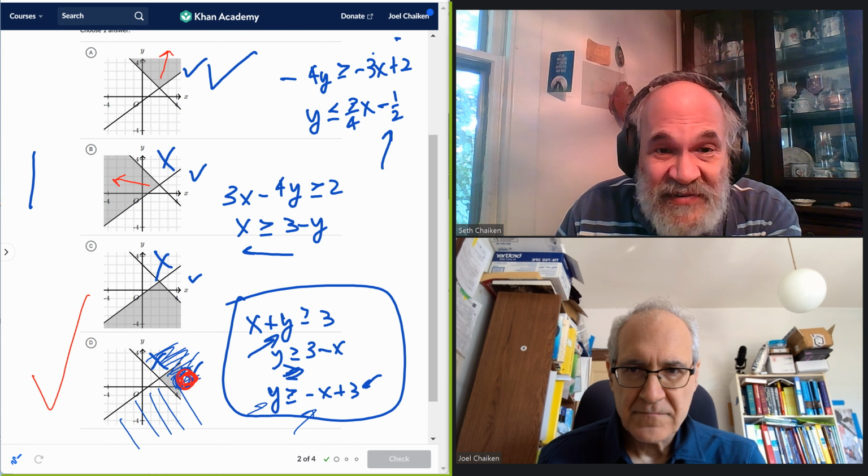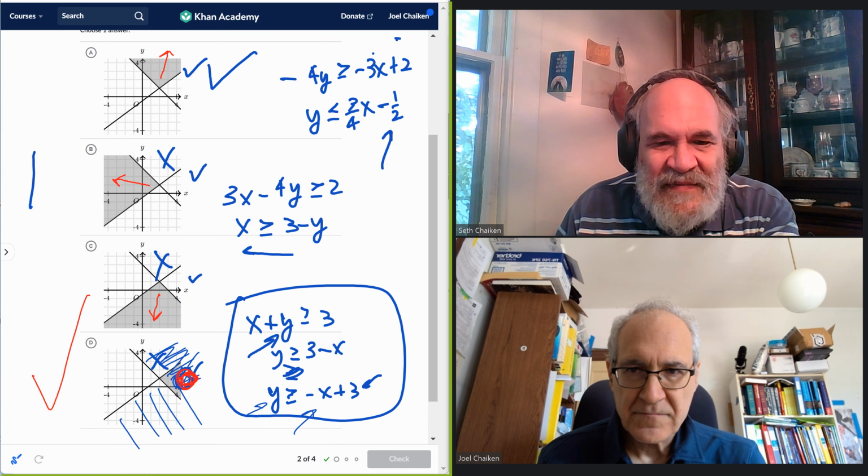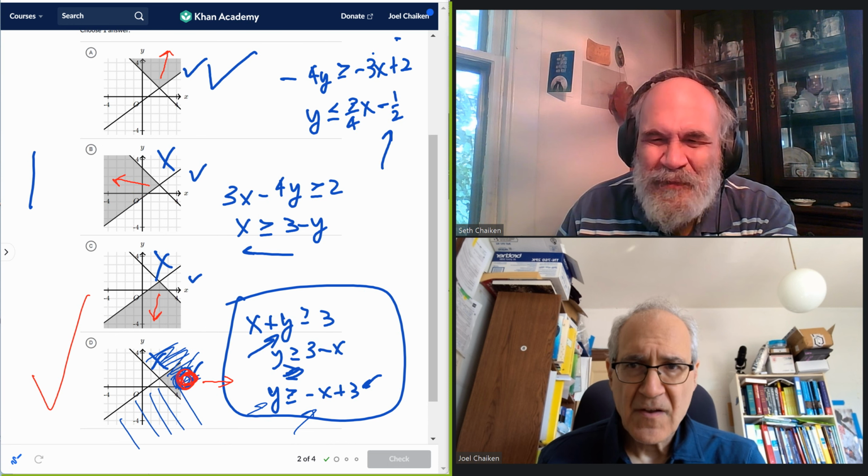C is opposite A: the gray region expands vertically in the down direction. And in D the gray region expands to the right.